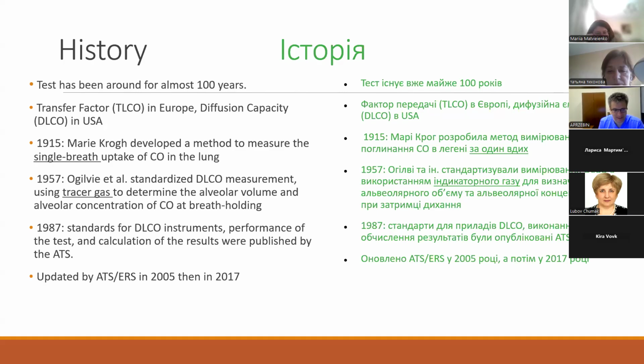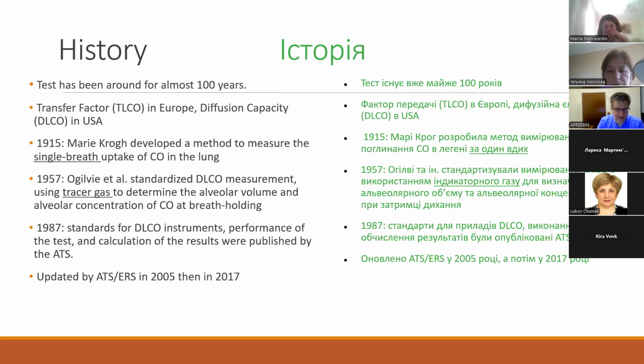In 1957, this was modified by Ogilvie's group, and they standardized how they measure, and they used a tracer gas to determine another measure at the same time. Then in 1987, international standards were published, and they were updated in 2005 and 2017 by the American Thoracic Society and the European Respiratory Society.